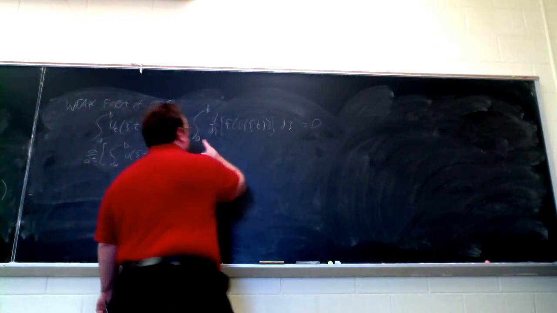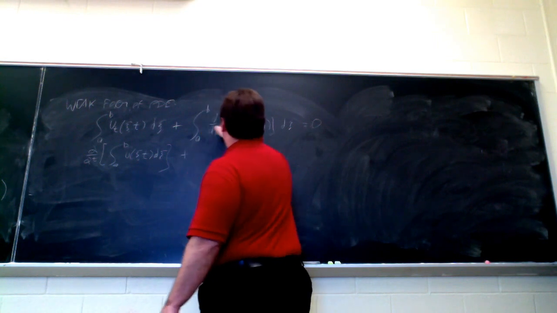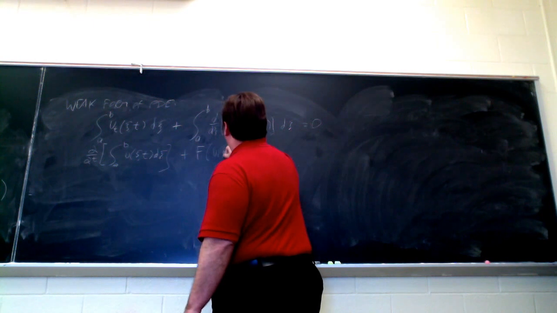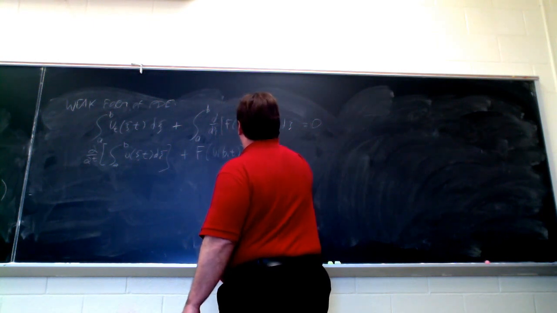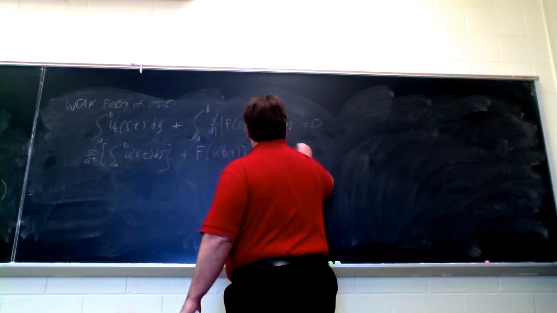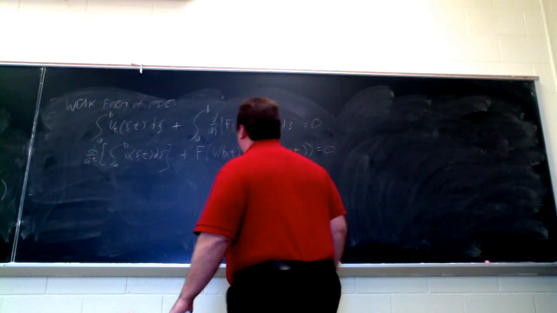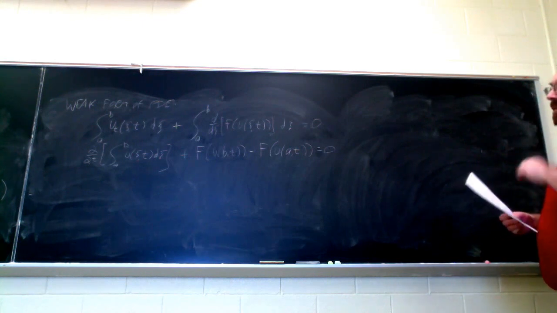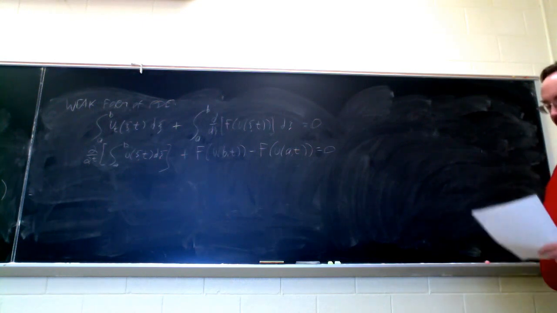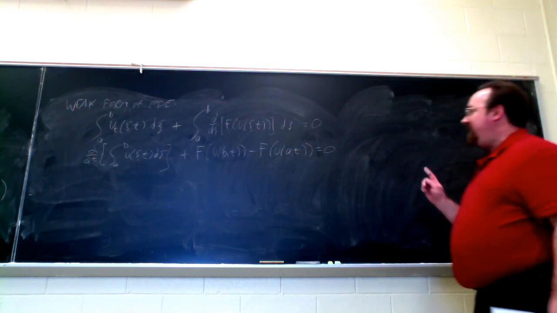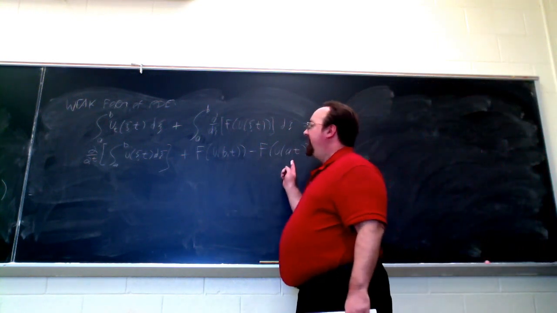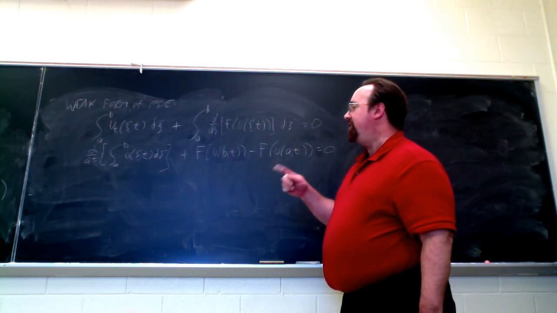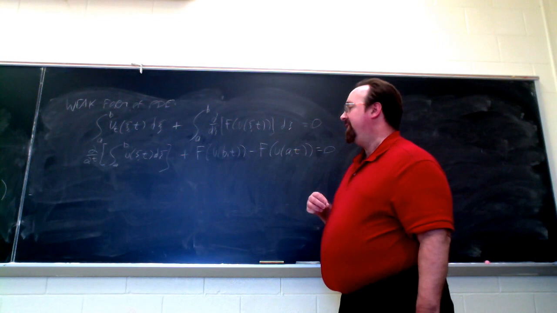Okay, so here, because I'm integrating a derivative, I can just plug in the limits for x. So I have f of u of b,t minus f of u of a,t. Now, at each time, the discontinuity is going to occur at a different point in x.